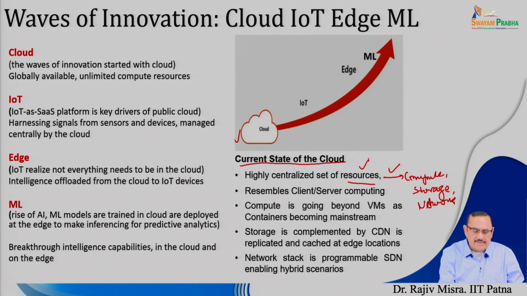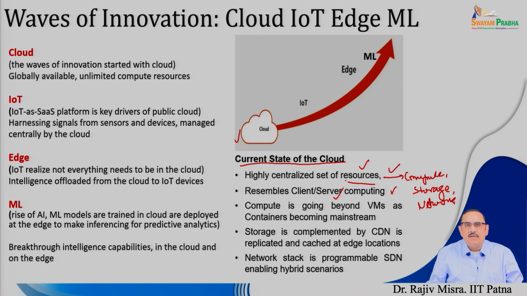Now, cloud services, these resources required by different applications running in the cloud, can be accessed with the help of client server computing. So, to get these resources accessed, the cloud gives a paradigm of services in the form of client server computing.